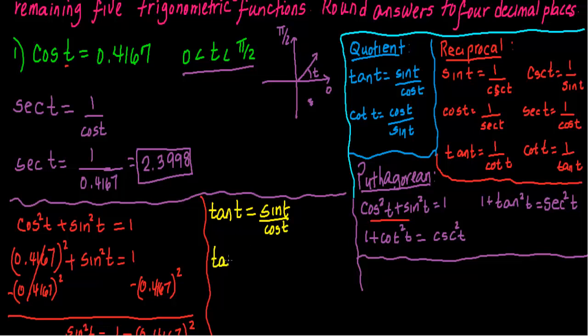That means that the tangent of t is equal to 0.9090 from the value we just found for sine over 0.4167. That's the value that was given. So the tangent of t is equal to 2.1815.